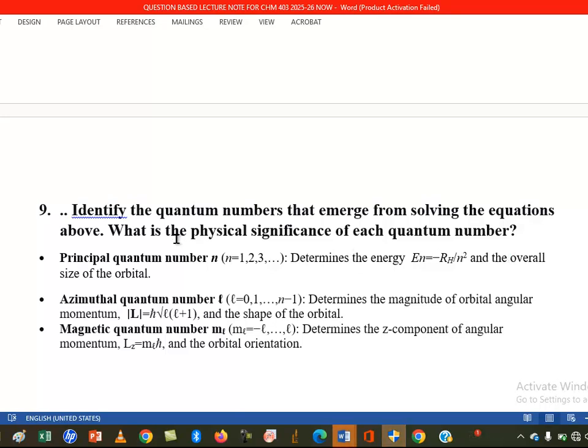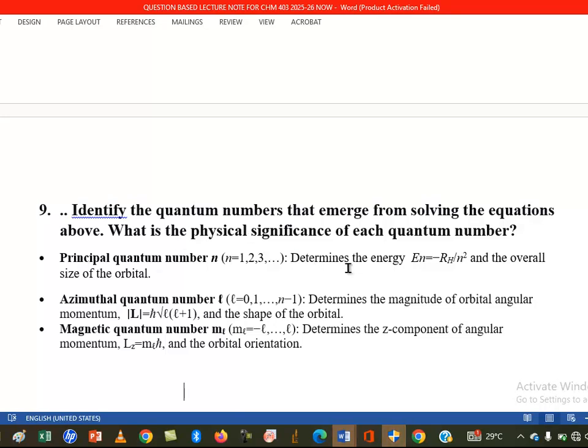And then remember, you talk about the physical significance of each quantum number. So you are doing two things: you give the quantum number and the physical significance. So let's start with the first one. For this question, only 3 quantum numbers emerge from the Schrodinger equation, which are the principal, azimuthal, and magnetic quantum numbers.